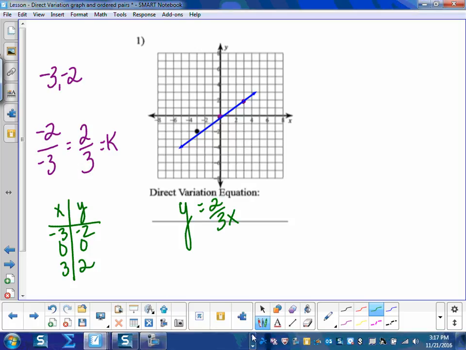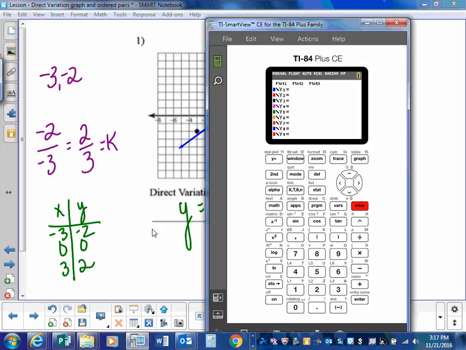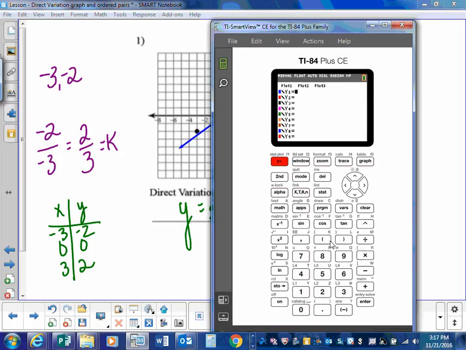So let's verify that with our graphing calculator. We'll go into y equals, and we'll type y equals 2/3 x. And we'll hit trace.